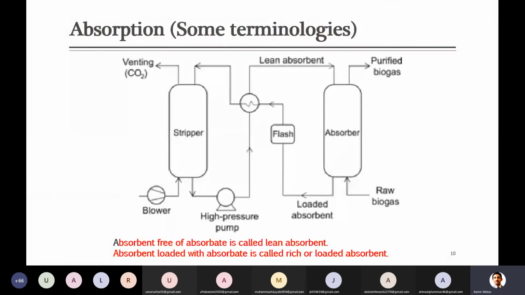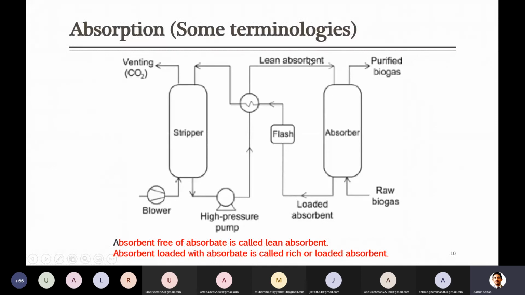So here two terms are mentioned, lean absorbent and loaded absorbent, or sometimes they call it rich absorbent. Lean absorbent is that absorbent which is free of absorbate. When we brought that liquid to the stripper, we removed all those species which were absorbed inside it, and that is called lean absorbent.